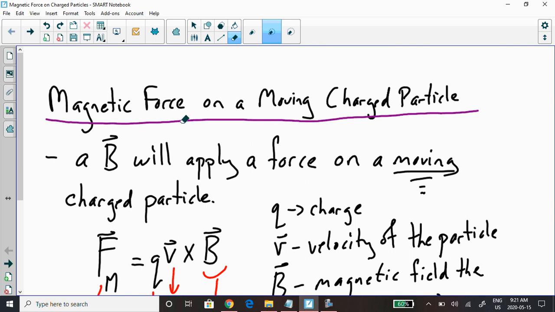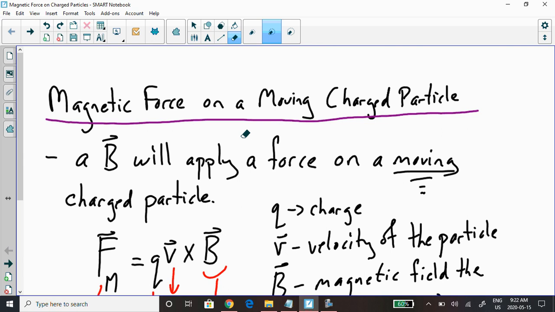So 8.2 is all about magnetism having a force on a moving charged particle, which is nothing really new for us because in grade 11 we noticed that when a wire had a current in it, and a current is nothing more, nothing less than charged particles confined to be in a material, usually a copper wire, that when the current was moving through that wire, the wire moved.